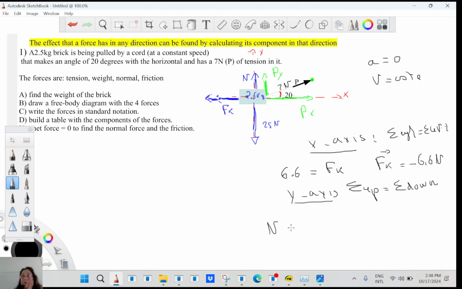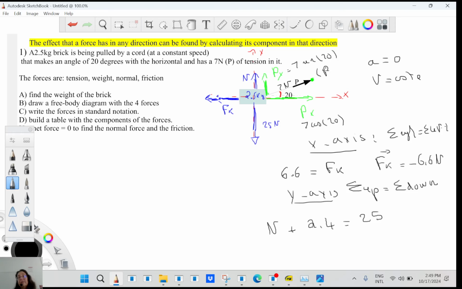So you have the normal force plus 7 sine 20, so it's going to be 2.4, equals the weight, which is 25. Is that right? So this is 7 cosine 20, and this is 7 sine 20.